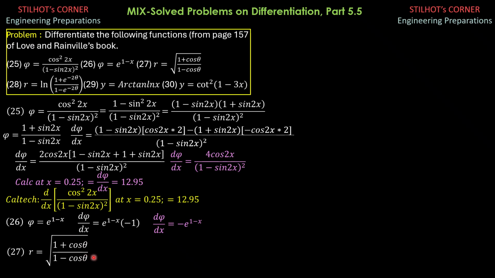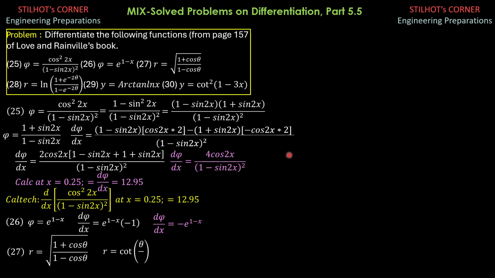The equivalent of this square root is 2 cosine square theta over 2 divided by 2 sine square theta over 2. Cancel 2, so that is reduced to cotangent of theta over 2.